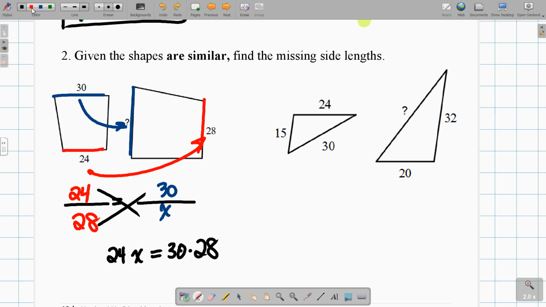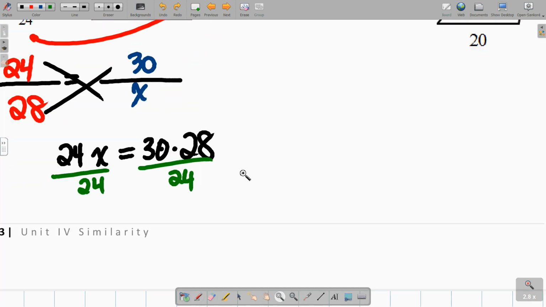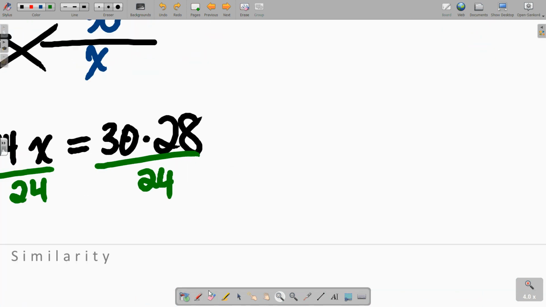Notice I did not actually multiply there. I'm going to do this real slow. I can work either with the 30 or the 28.